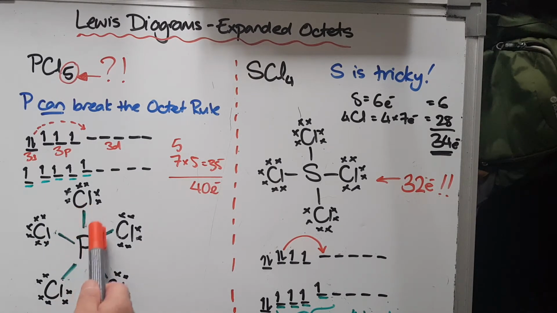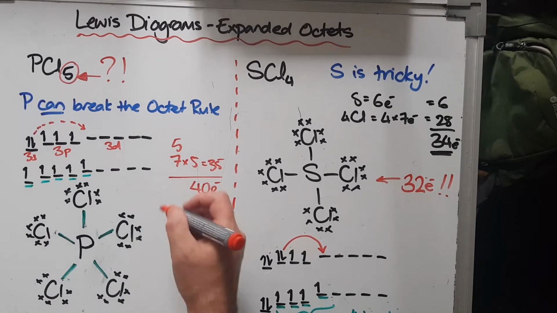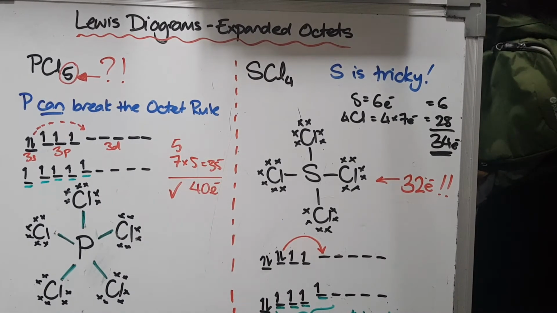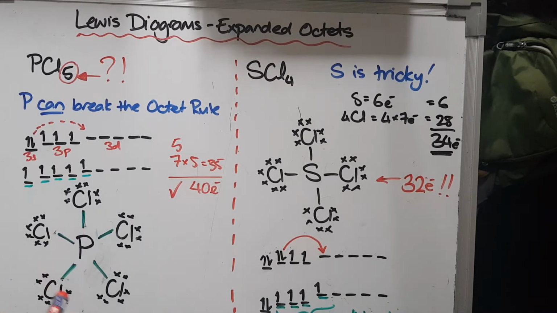So 2 for the bonding, and then 2, 4, 6 lone pairs, so 6 plus 2, that's 8. Each of those has got the same arrangement, so 5 times 8 is 40. We've got 40 electrons. This works. But it has broken the octet rule for the central atom only.